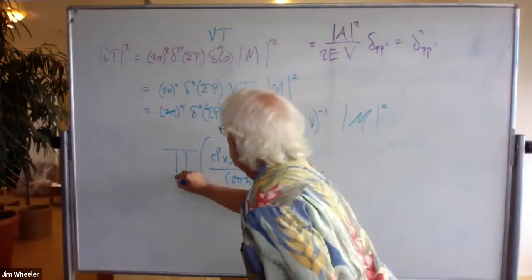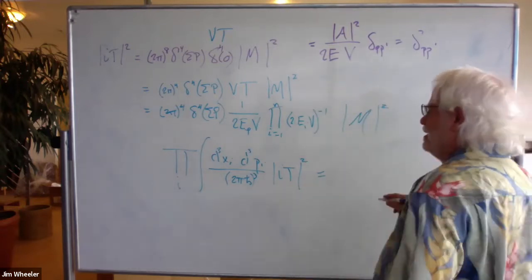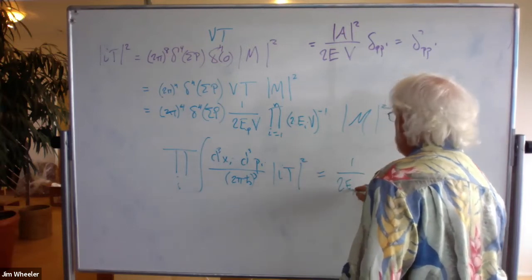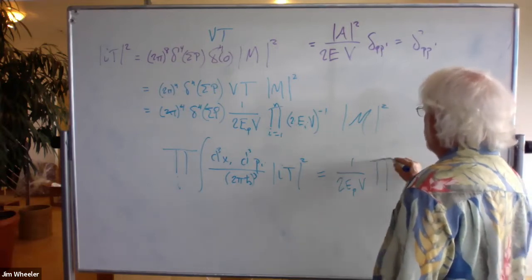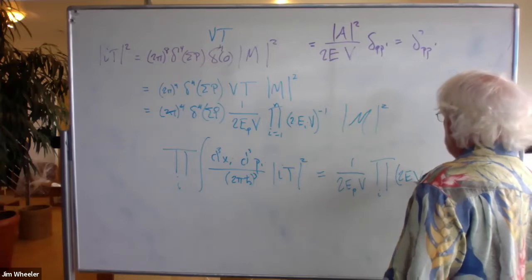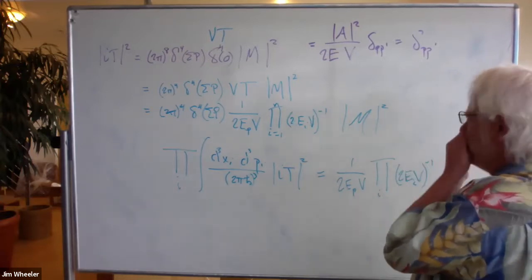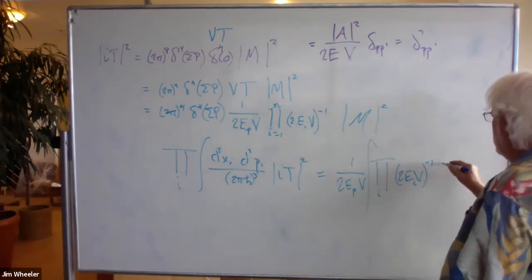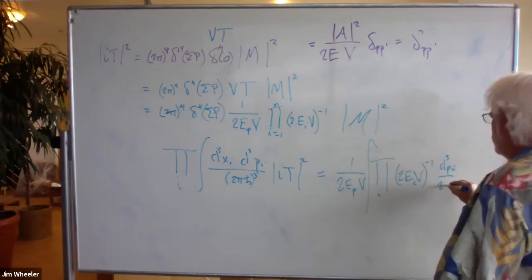So, let's see what happens. We've got a 1 over 2E. We've got a product of 2E_i inverse. Let's put our integral here, d3p_i over 2 pi cubed.